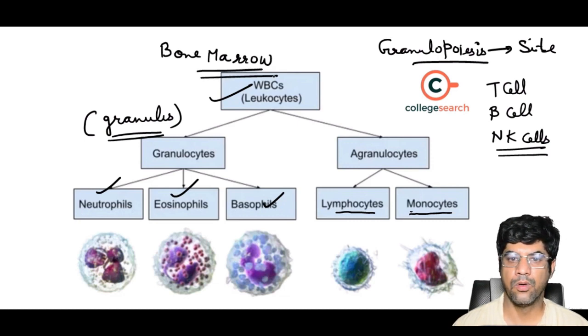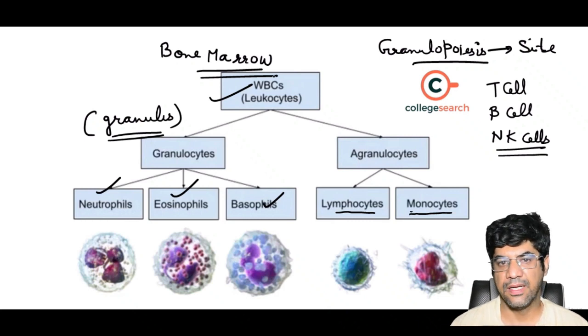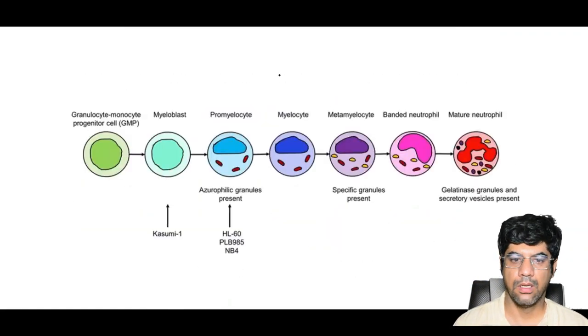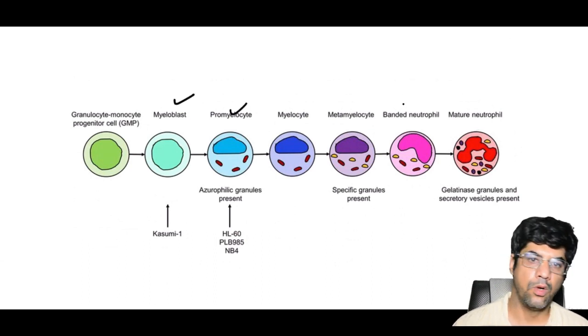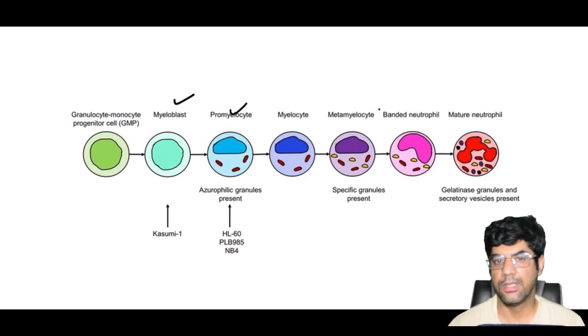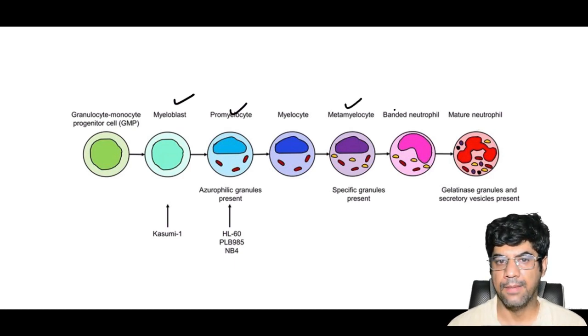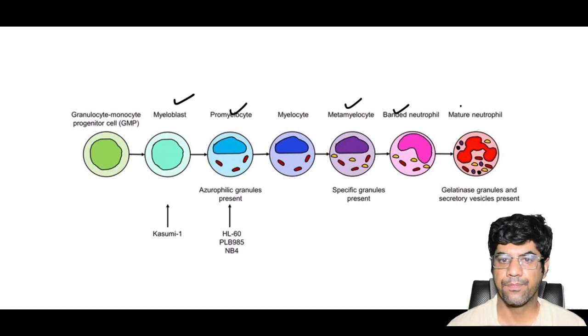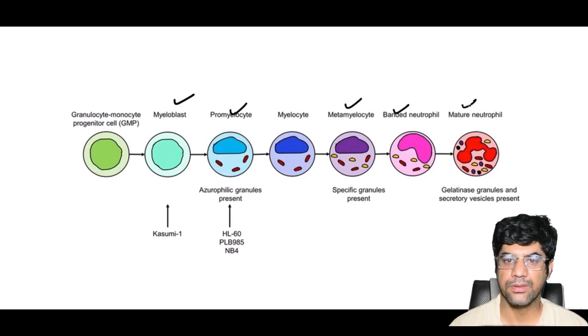So it undergoes a number of stages, that is the proliferative pool that consists of myeloblast, promyeloblast and myelocyte, and the maturity pool that consists of metamyelocytes, band forms and the segmented neutrophils.